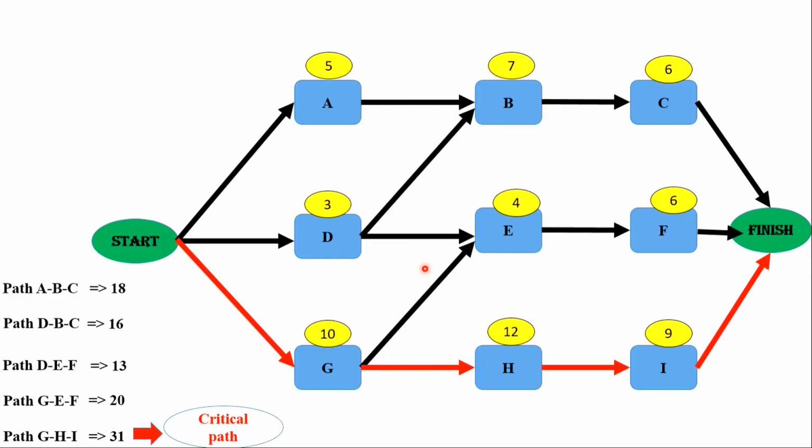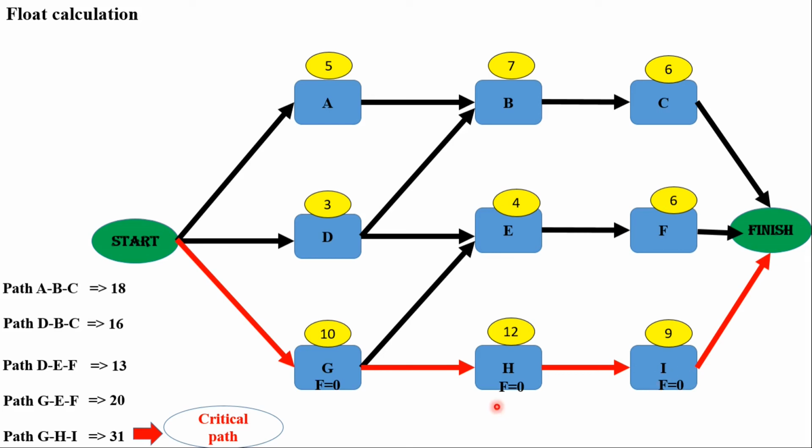Let's see another example. For this example, we have paths ABC, DBC, DEF, GEF, and GHI. So we'll start calculating the float. Notice that activities G, H, and I are on the critical path, and hence the float is 0.